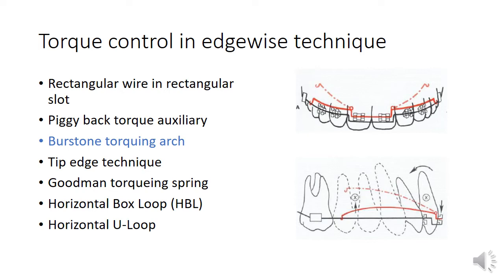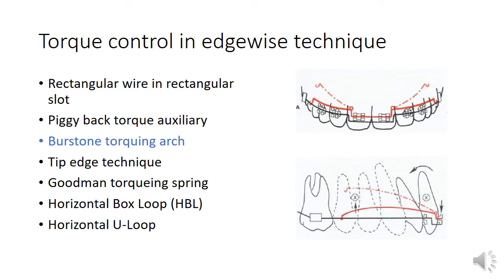The torquing auxiliary is full dimension steel wire 21 by 25 or 17 by 25 in 22 or 18 slot brackets respectively, that fits in the brackets only on the central incisors. The base arch, preferably also full dimension rectangular wire, extends forward from the molar through the lateral incisor brackets, then steps down and rests against the labial surface of the central incisors.